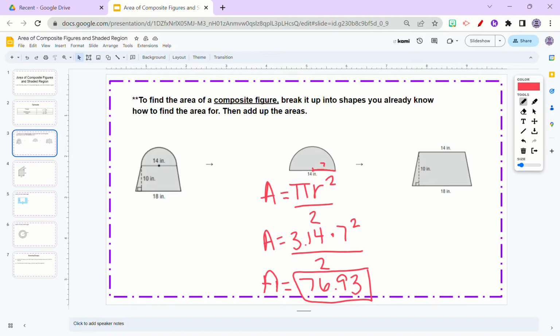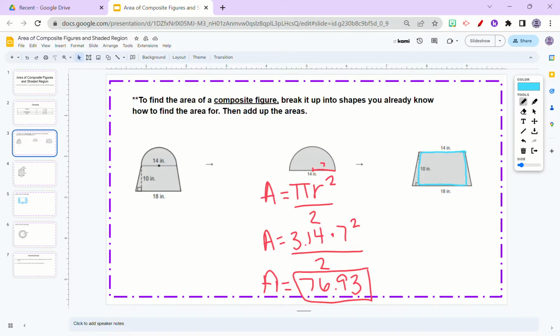Then for our next shape, we have a trapezoid. What you want to do is find the area of the rectangle first, and then the 2 outside triangles. There actually is an area of a trapezoid formula, but I'm not giving that to you because you will not be given that formula later on, so I want to show you how to do this without using it.